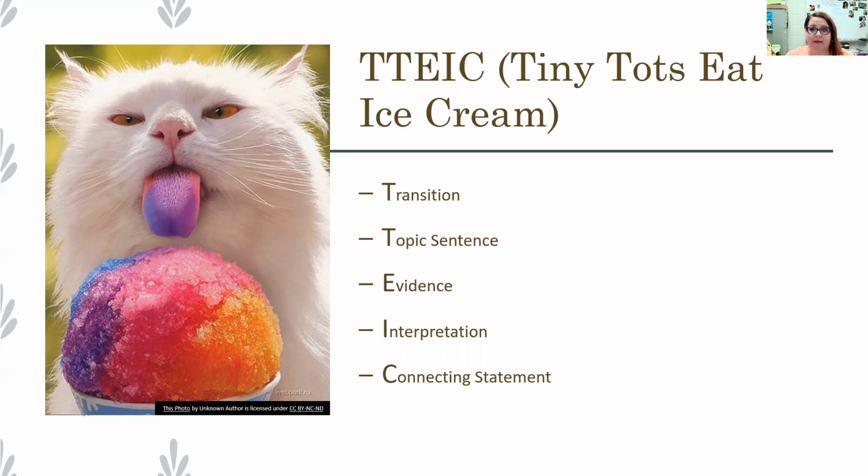And we'll talk about these each as we move forward. The only exceptions to this rule is your first body paragraph after your introduction doesn't need a transition because it's not transitioning from anything. And your connecting statement doesn't need to be included in the final body paragraph before your conclusion because you're not connecting it to a new idea.